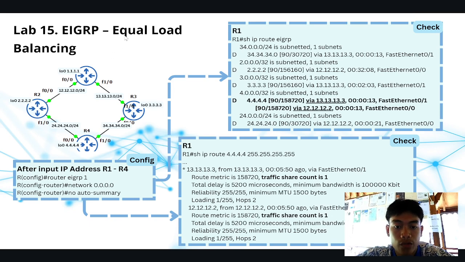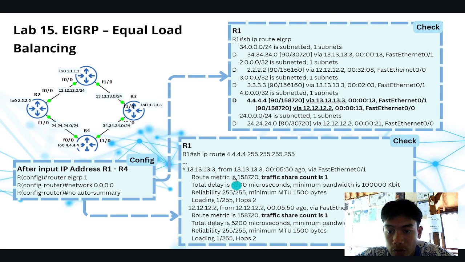This is show ip route for 4.4.4.4. And then after that, on router 1, show ip route EIGRP.